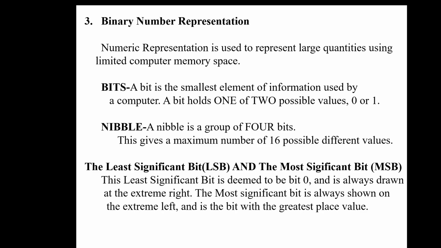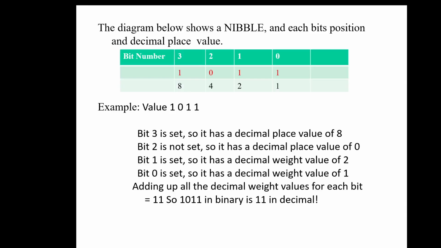Now, in a set of binary numbers, we assign a bit as the least significant bit and another one as the most significant bit, or respectively LSB and MSB. The least significant bit is the bit with the smallest place value. And the most significant bit is the bit with the highest place value.